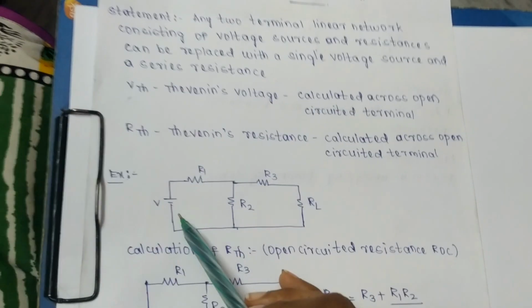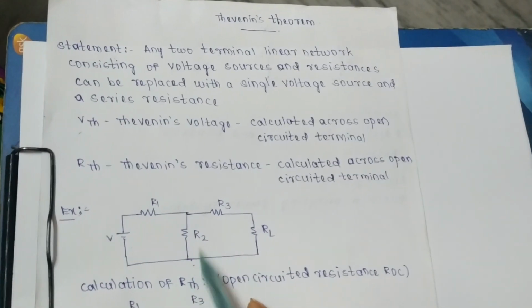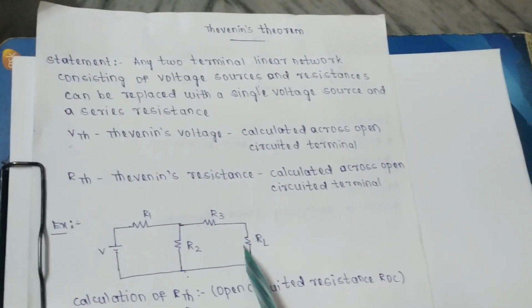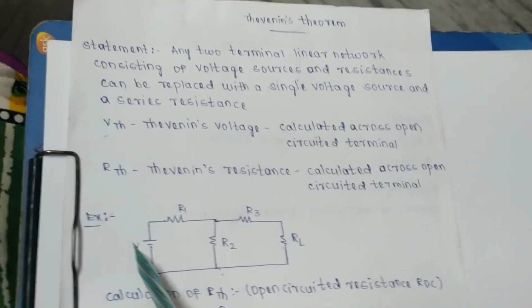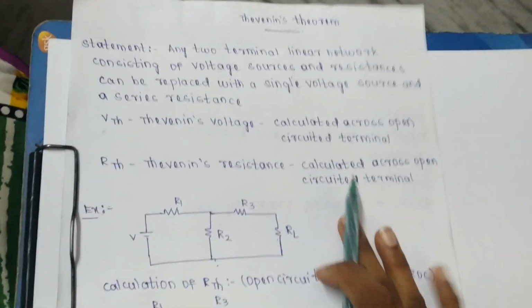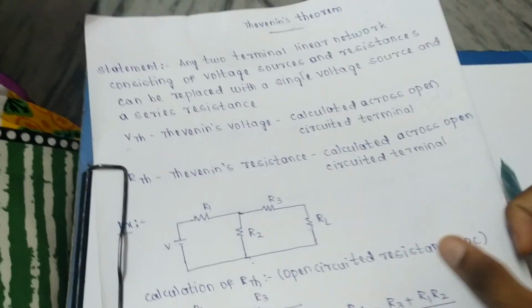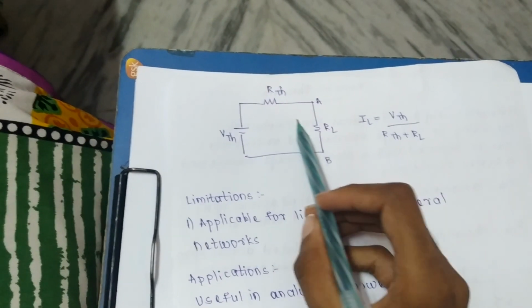Now, if you see the diagram, here you have a voltage source V and resistances R1, R2, R3 and a load resistance RL. According to the statement of Thevenin's theorem, this voltage source with these resistances can be simply replaced in this way. A voltage source with a series resistance, this is known as Thevenin's theorem.